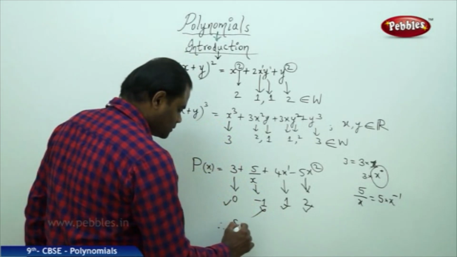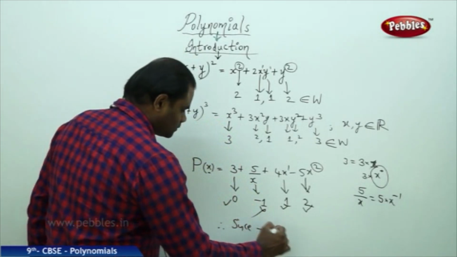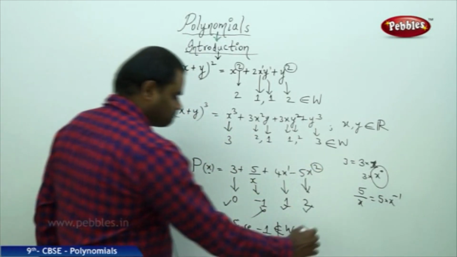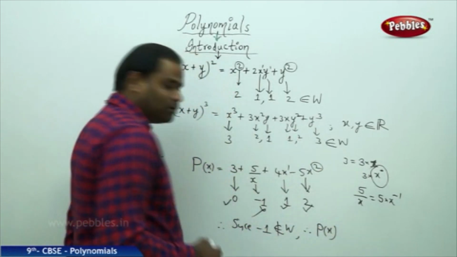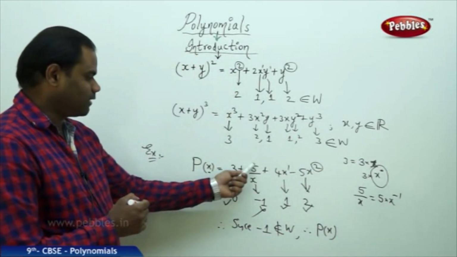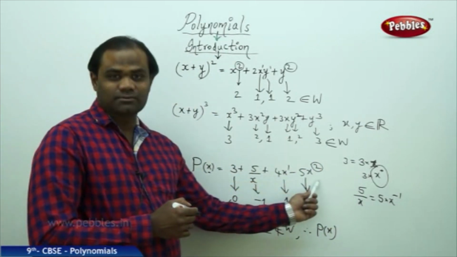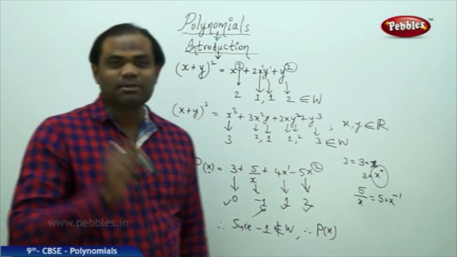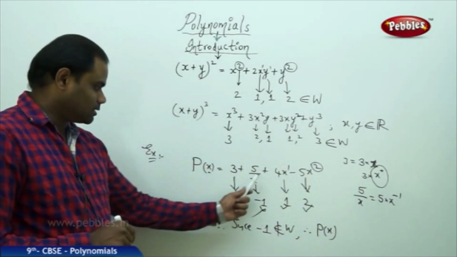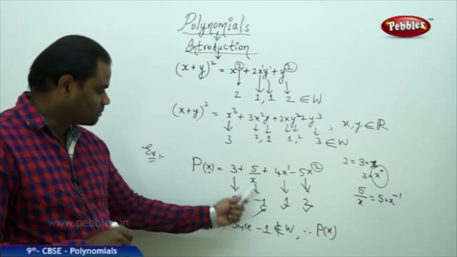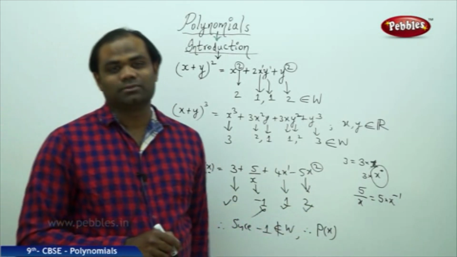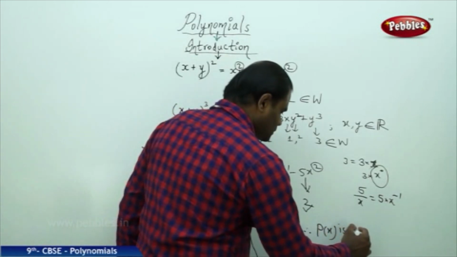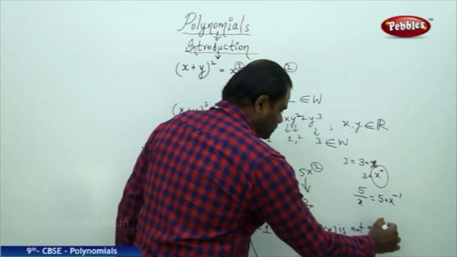Therefore, since minus 1 does not belong to W, the expression P of x, given to be 3 plus phi over x plus 4x minus 5x squared, is not a polynomial. It fails to be a polynomial because one of its powers of x does not belong to W, the whole numbers. Therefore, P of x is not a polynomial.